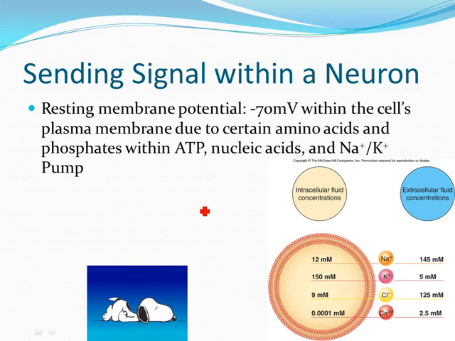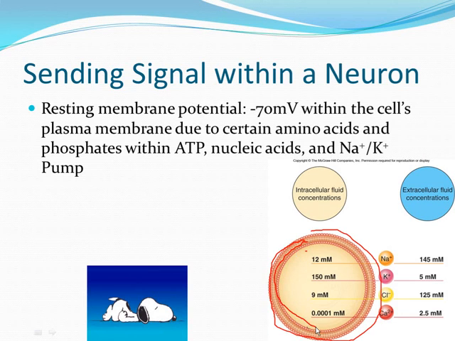Okay, first we want to establish some characteristics of a neuron before understanding how they send that signal to another cell. So we have to first establish the resting membrane potential. The resting membrane potential is the potential energy that the cell has. So within the cell, the membrane here is the plasma membrane, right?